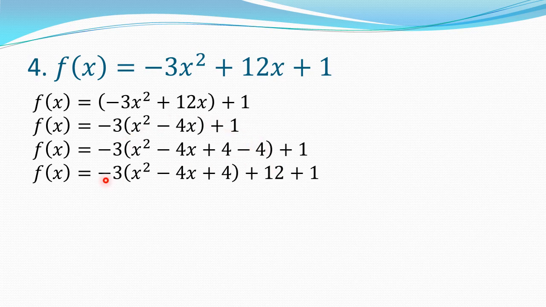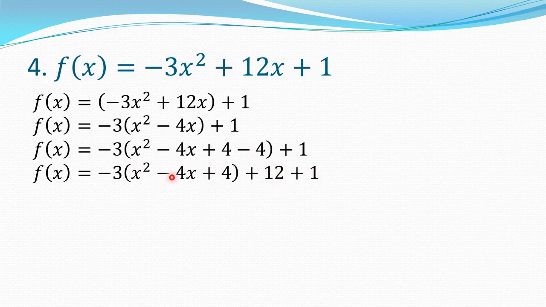So -4 times -3, positive 12. That's what happens when it tries to go outside of the parentheses. You could imagine it has to go through that guard outside, the -3. So -4 times -3, you get positive 12 plus 1.